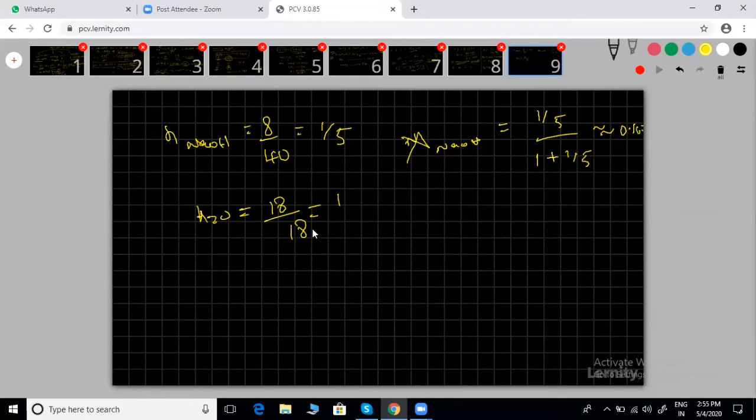Try one more question. A solution of sodium sulfate contains 92 grams of Na plus ions per kg of water.